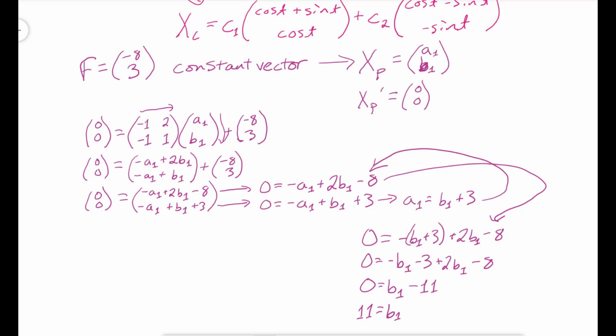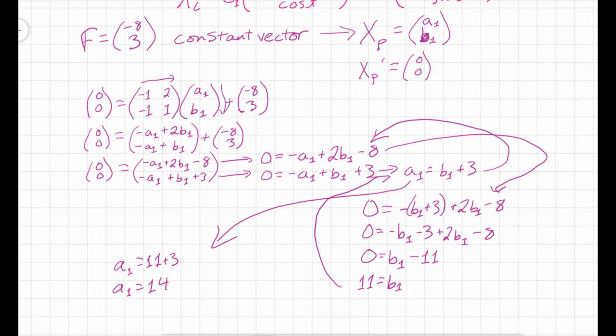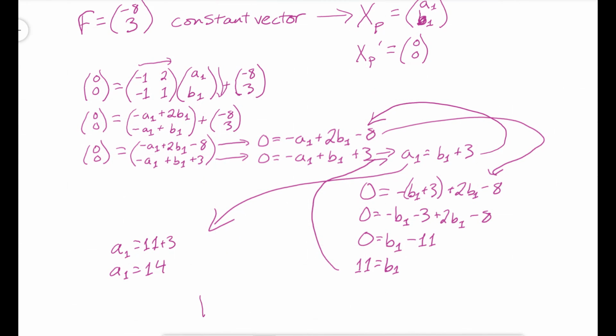And then plugging that back into the second equation, I get a1 equals 11 plus 3. So a1 is going to equal 14. And remember, we assumed that xp was A1, B1 and made all of this magic happen. So what we have now is that xp is going to equal 14, 11.